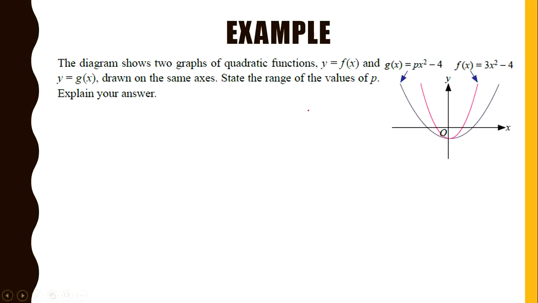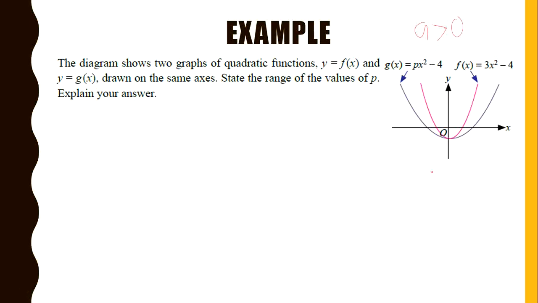Okay, state the range of the values of P. Okay, bila kita tengok gambar ni, apa yang ternampak tadi? Tadi kita dah belajar. Okay, we have two graphs. Dia sama je, dua-dua senyum. That means both of them is positive, ataupun dengan kata lain dia punya value of A is greater than 0 sebab dia senyum. Okay, tapi apa bezanya?